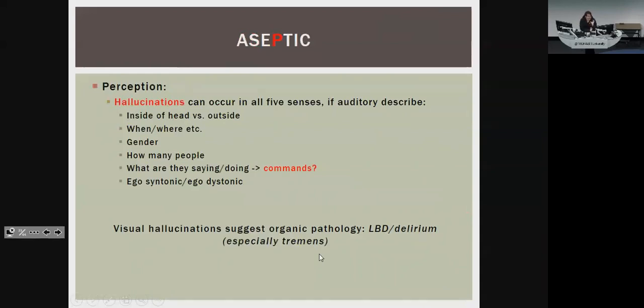Okay, if a patient does have auditory hallucinations, you want to know a few things. You want to know, is it inside their head or is it outside their head? If it's inside their head, it's more likely to be their own thought and less likely to be a hallucination. Versus if it's on the outside, then it's more likely to be a hallucination. If I'm a male and I can hear a female voice inside my head, that's more likely to be a hallucination. So the gender of the voice is very important.